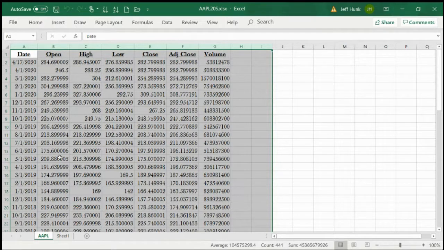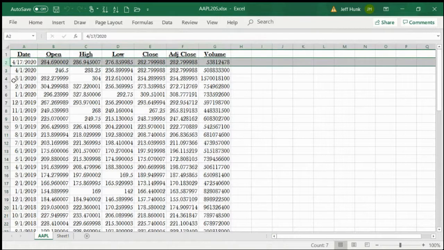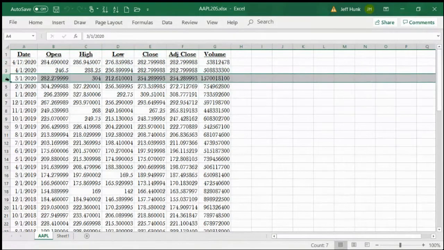This means these are monthly data. So you have the opening price of the month, high of the month, low of the month, closing of the month. Of course, April hasn't ended, March has ended, so this is the March close price.